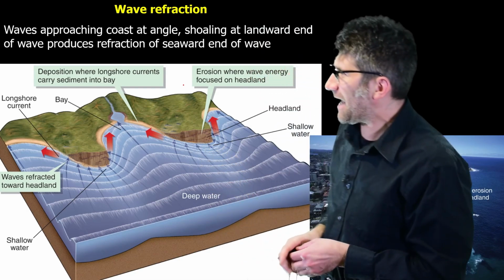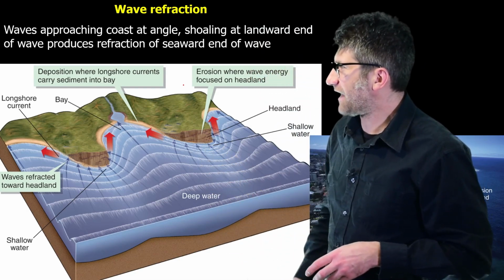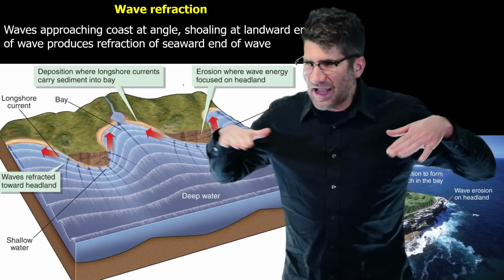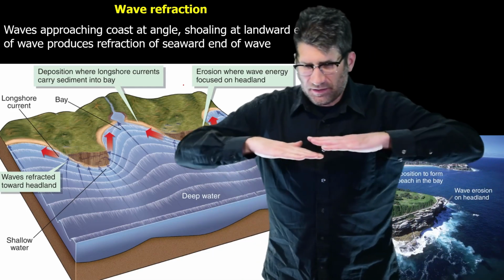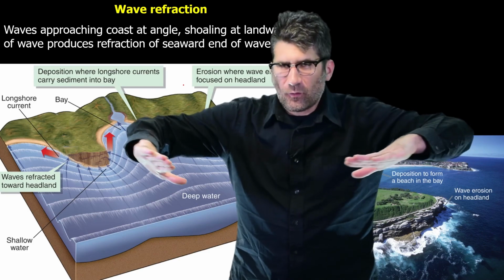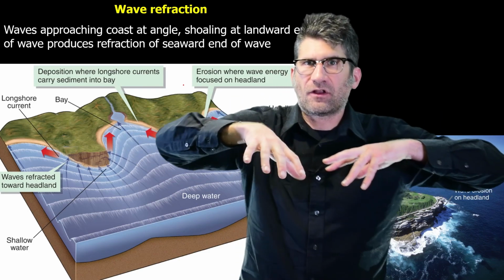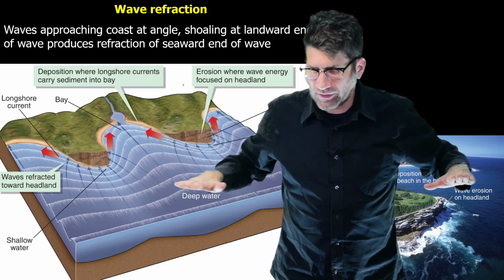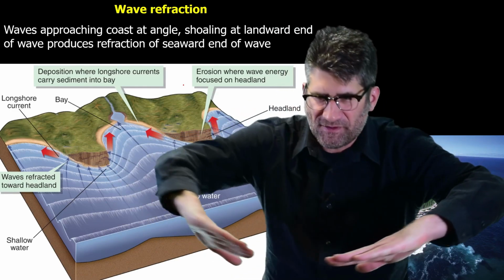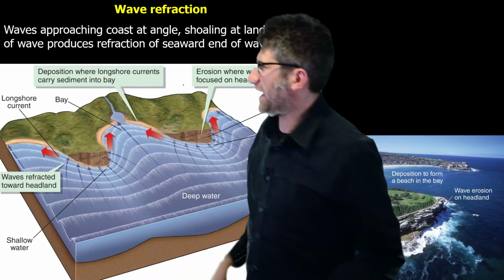And so because of that, as the water comes ashore, we end up focusing the wave along points that stick out along the coastline. The wave water will refract and be focused in along what we call a headland.